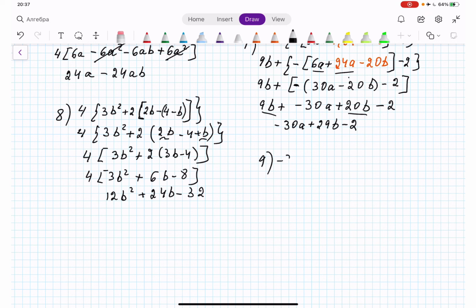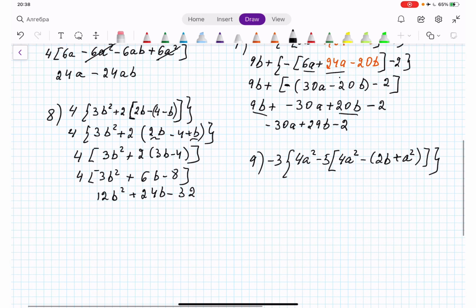Negative 3, curly braces, 4a squared minus 5, square brackets, 4a squared minus 2b plus a squared, parentheses, square brackets, curly braces.